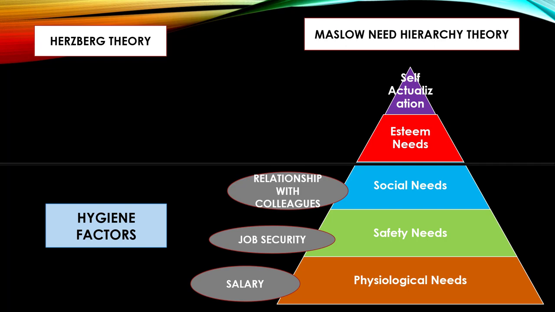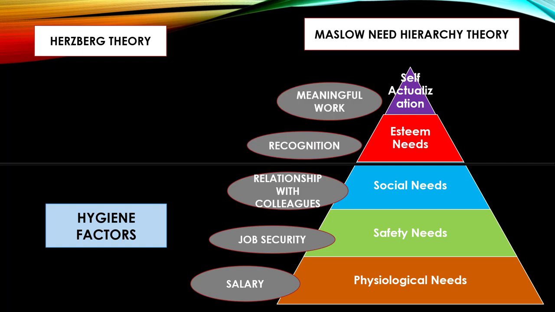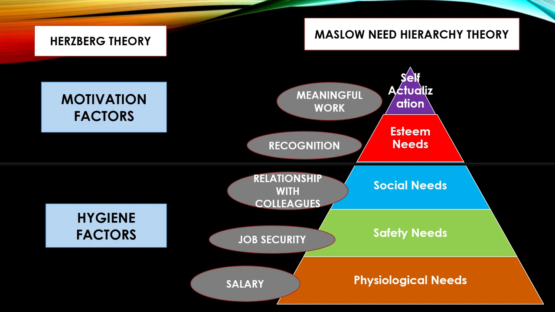So these factors have the capacity to affect the dissatisfaction level of the employee, and the presence or absence of these factors cannot motivate or satisfy an employee. Whereas recognition, which satisfies the esteem needs, and meaningful work, which satisfies the self-actualization need as per Maslow's need hierarchy theory, are the motivation factors as per Herzberg's theory.